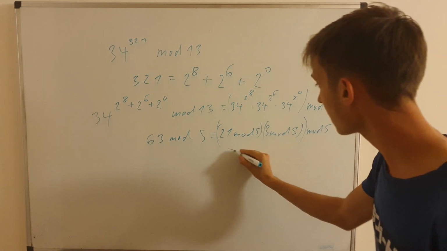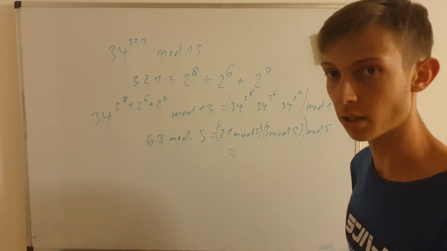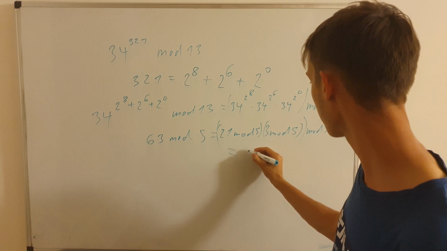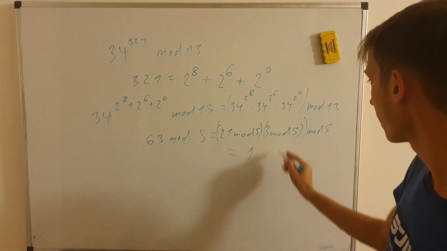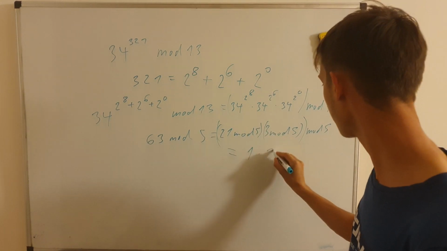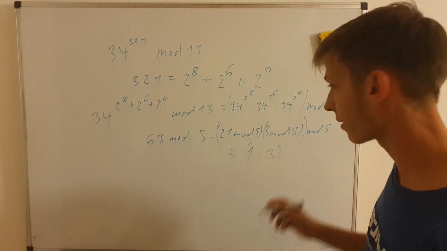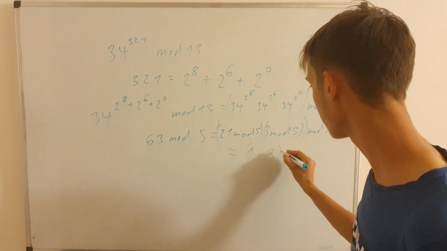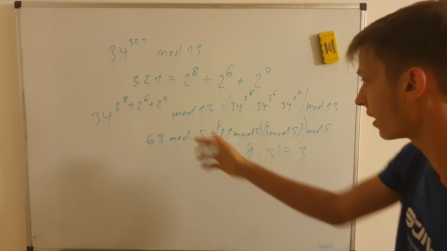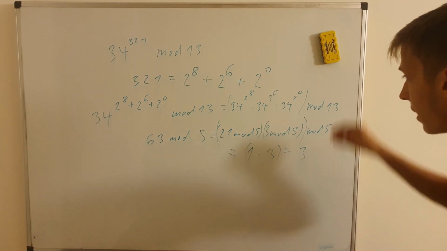And it should give me the same remainder as the remainder of 63 as a whole. So this is 1, this is 3, and all mod 5, well, 3 is below 5 in any case, so that is straight away result 3. And that's exactly what we expected.